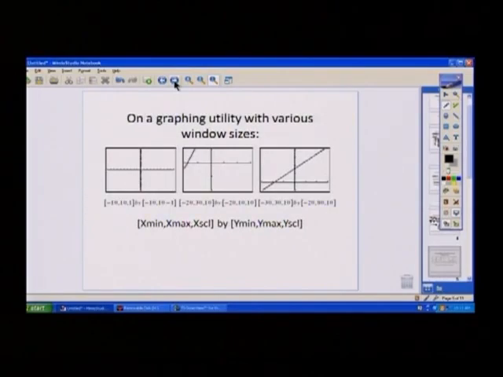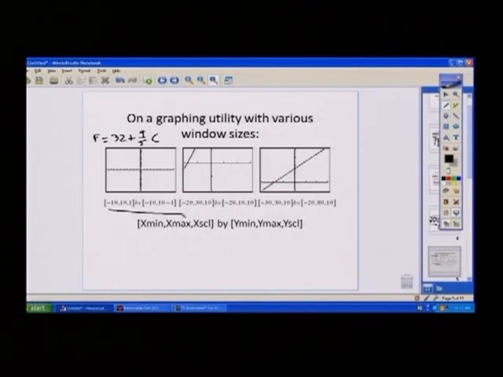So now, to look at that on a graphing utility, I have that same equation graphed here, but with 3 different window sizes. So I do have graphed here, f equals 32 plus 9/5 c. But in this window, we don't even see the graph.